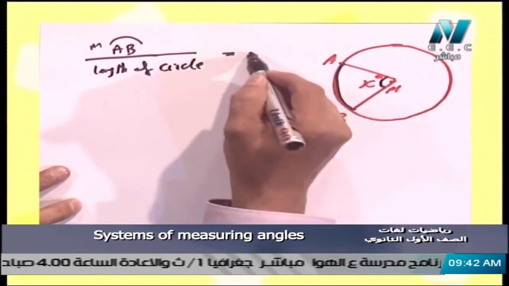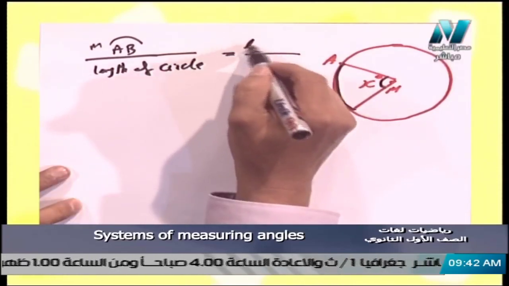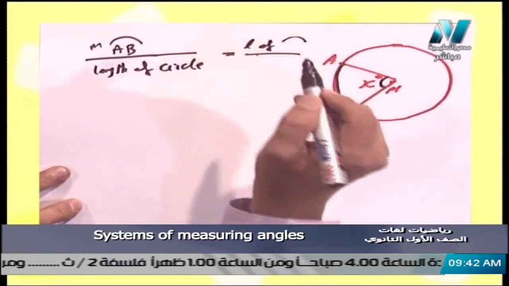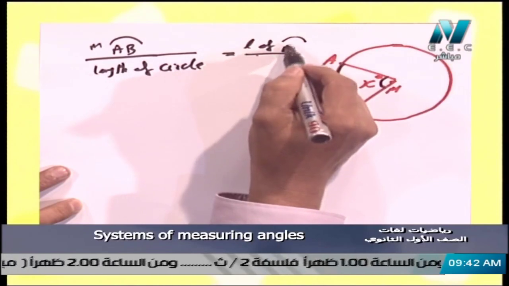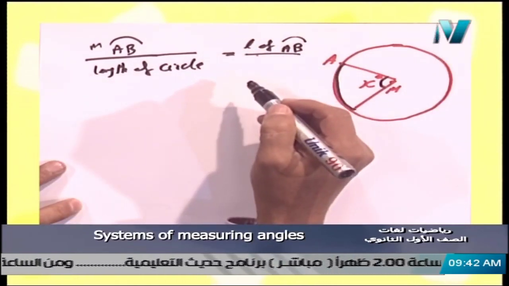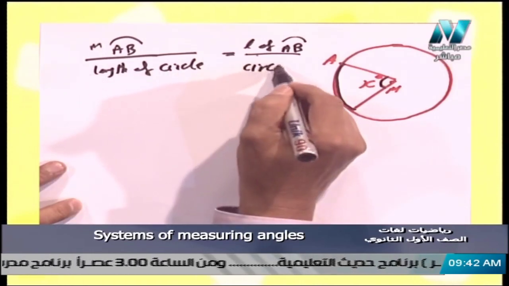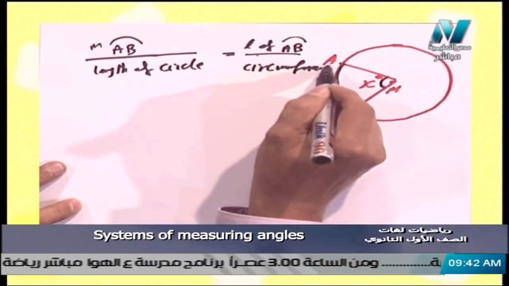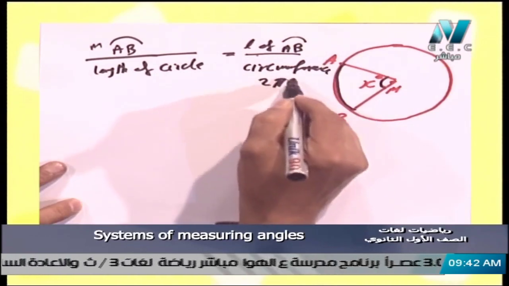So we can say that the length of the arc AB over the circumference of the circle, which is 2 pi r.